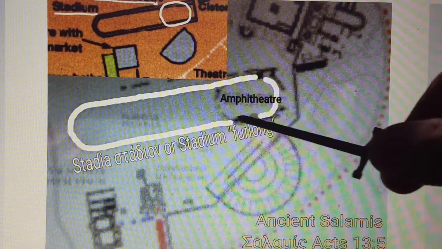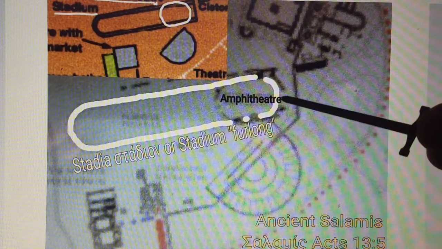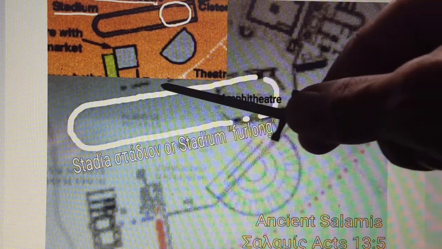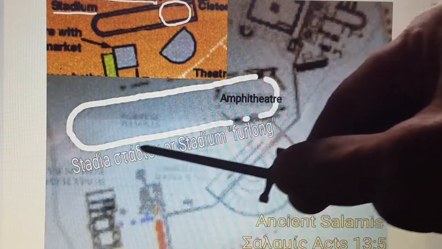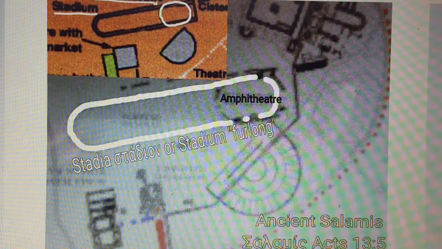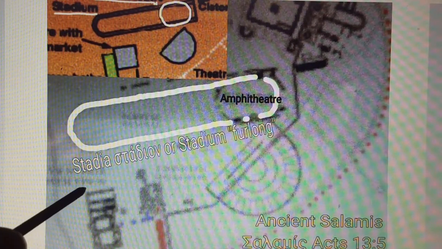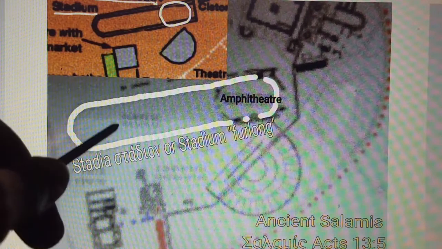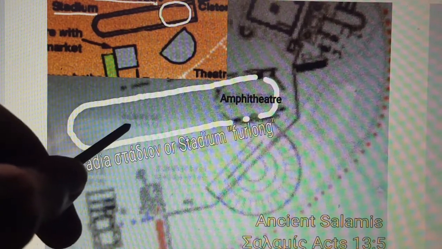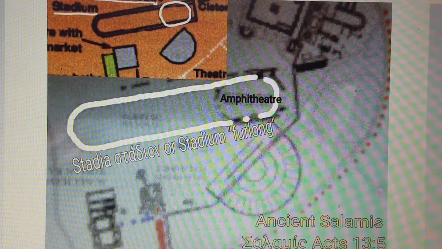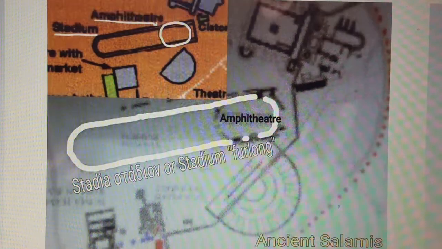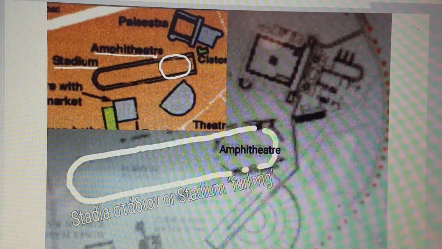So the building is here. And then the race of a stadia is this distance here in white. And it literally says in Greek, stadia, stadion. It's hard for us to see right here. It's not the best photograph, but we have another example of it here.